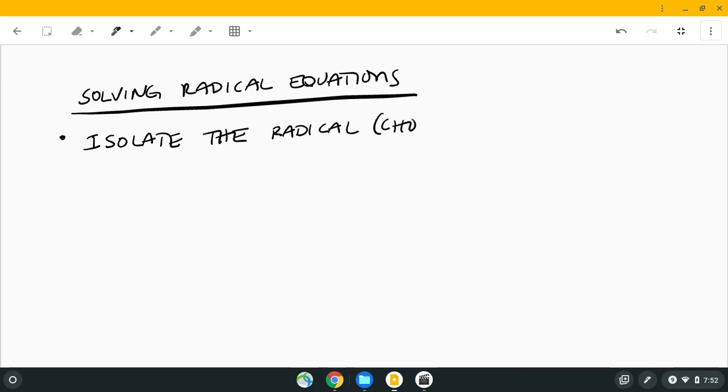It doesn't matter which one you isolate. It's going to take the same amount of work anyway. And then you can cancel its radical by squaring both sides.